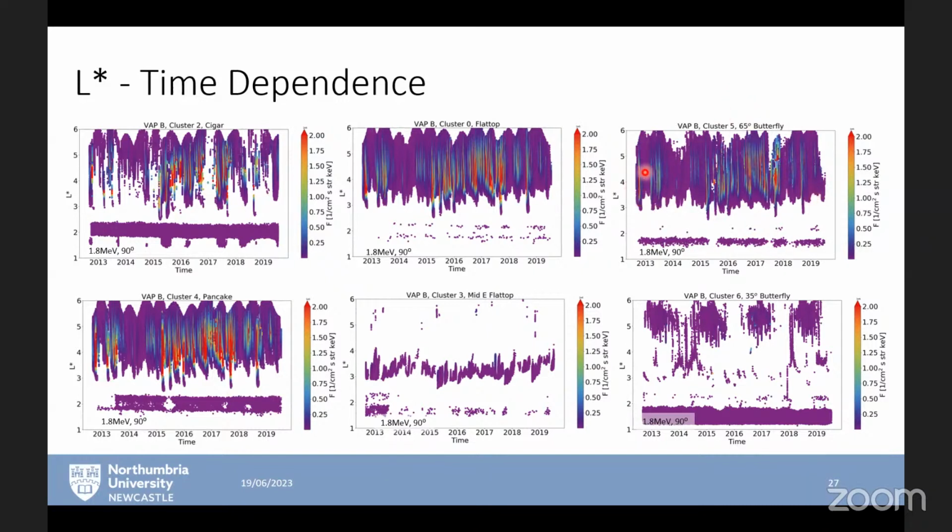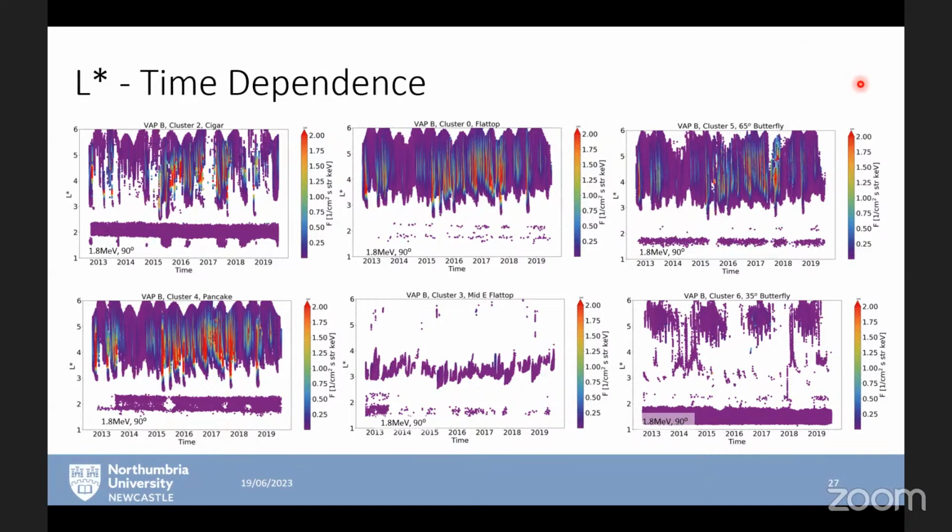However, they lie in the very heart of the outer belt, which is completely different to our 35-degree butterflies, which was due to magnetopause shadowing, which have more localized observations in the outer edge of the outer radiation belt. Now, looking at these 6 diagrams, we can infer an evolution of pitch angle distributions between pancake, cigar, flat top, and butterflies.